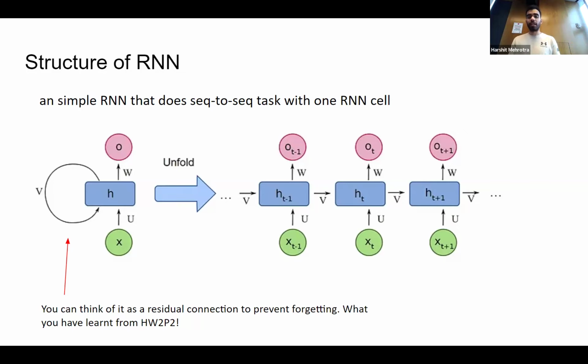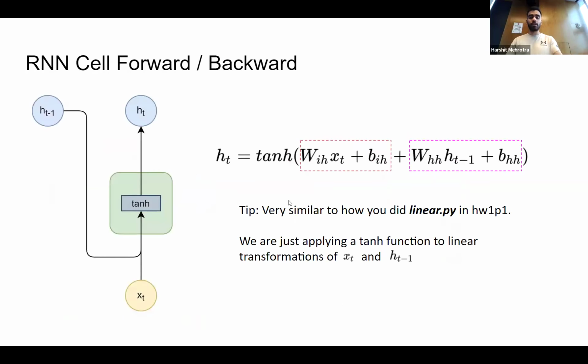The main function of the RNN cell is to compute h_t, the hidden state at any time. After that, you can of course apply another linear layer on top of the hidden state to give you the output at that step. But the main function of the RNN is this much, where you take the input and the previous hidden state.